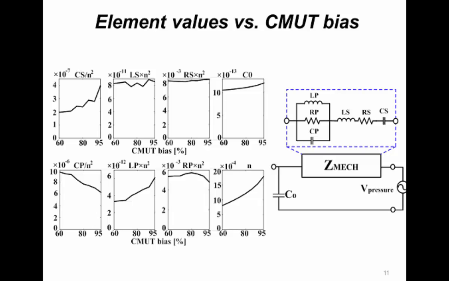Apparently CS, which represents the spring softening effect, goes up with the bias increasing. But the LS, which represents the mass of the membrane, and RS, the radiation loss, are more or less constant. And C0 is increasing as expected, and we are investigating the meaning of the parallel parts now.